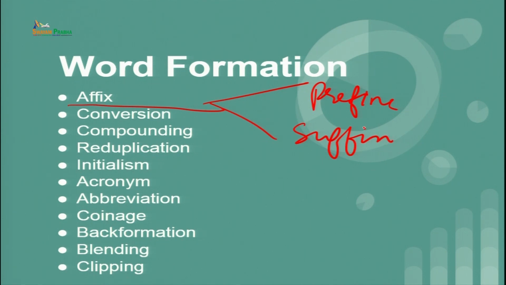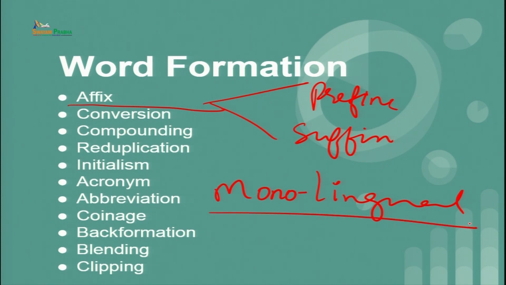Okay. So, what happens in prefix? You put a morpheme before the root word, and what happens in suffix? You put a morpheme after the root. So, if you take the example of lingual, you can put a prefix mono and the word becomes monolingual.